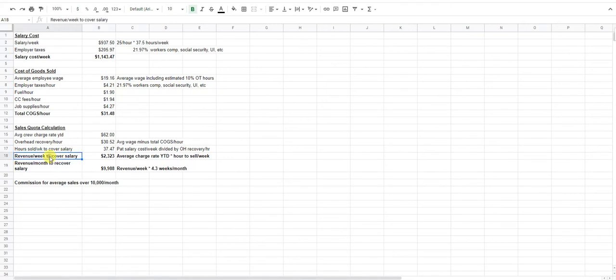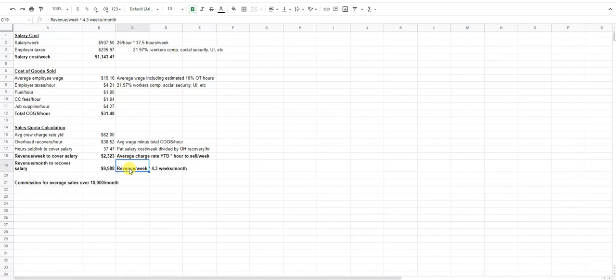So revenue per week to cover his salary, what we're doing is we're taking this number of hours we're selling per week times the charge rate, and we end up at $2,323 that he needs to sell per week at this charge rate to recover his salary. So to get the revenue per month, what I did is I took 52 weeks in a year.